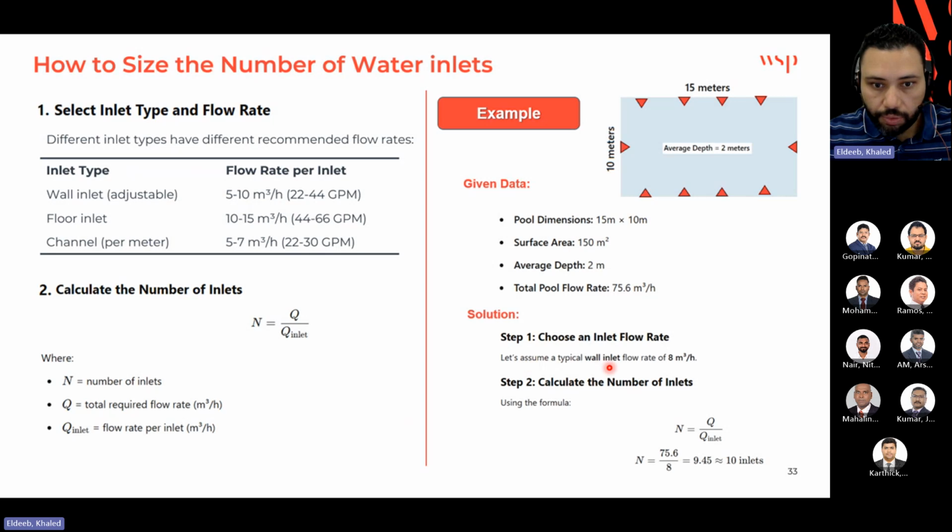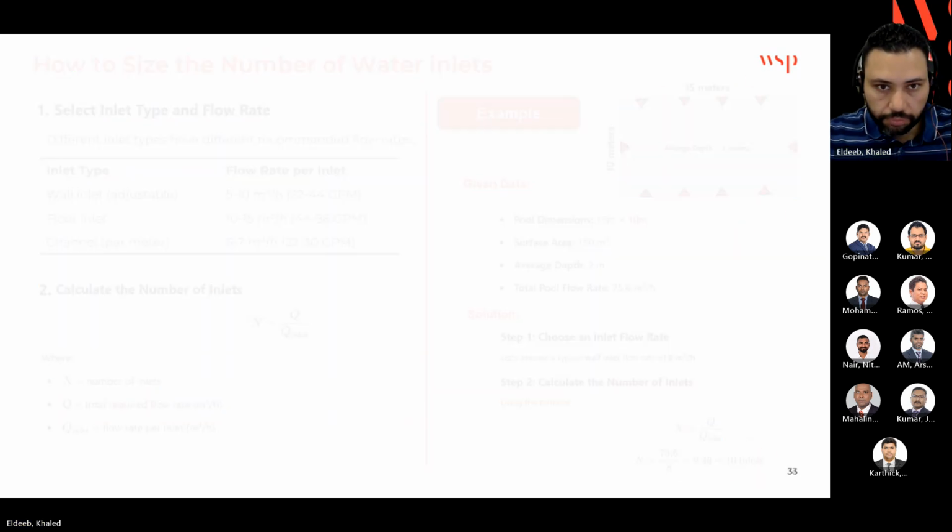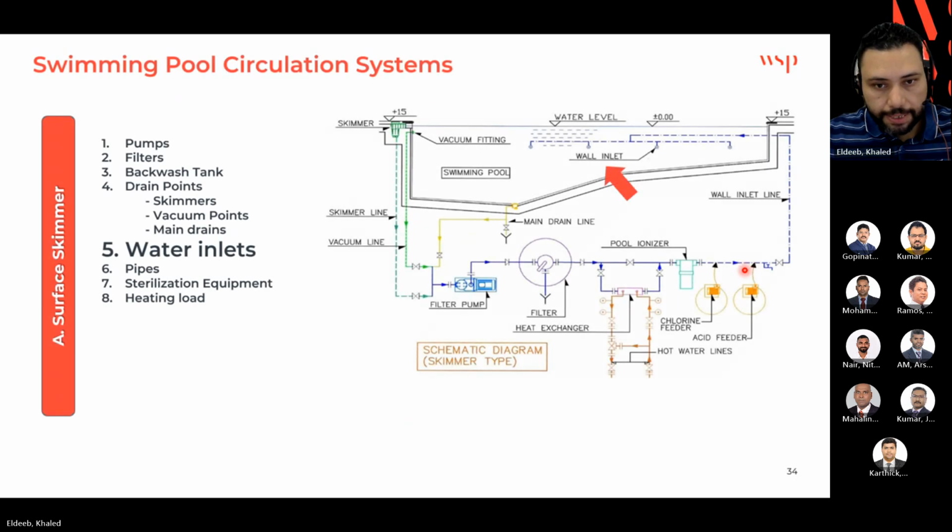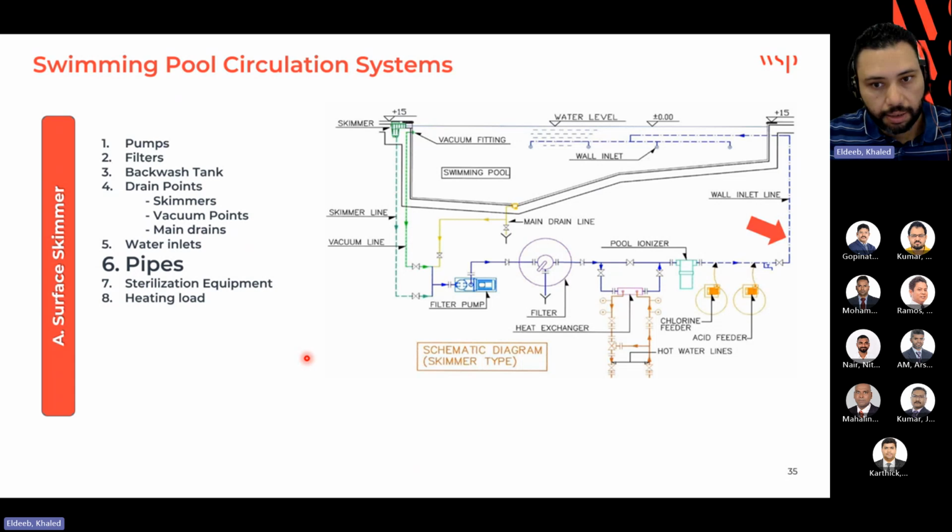I assume a typical wall inlet, as you see here between 5 to 10, I assumed 8 meter cube per hour. And then step 2, we can calculate the number. It became like 10. I rounded up to 10. So we distributed like that.